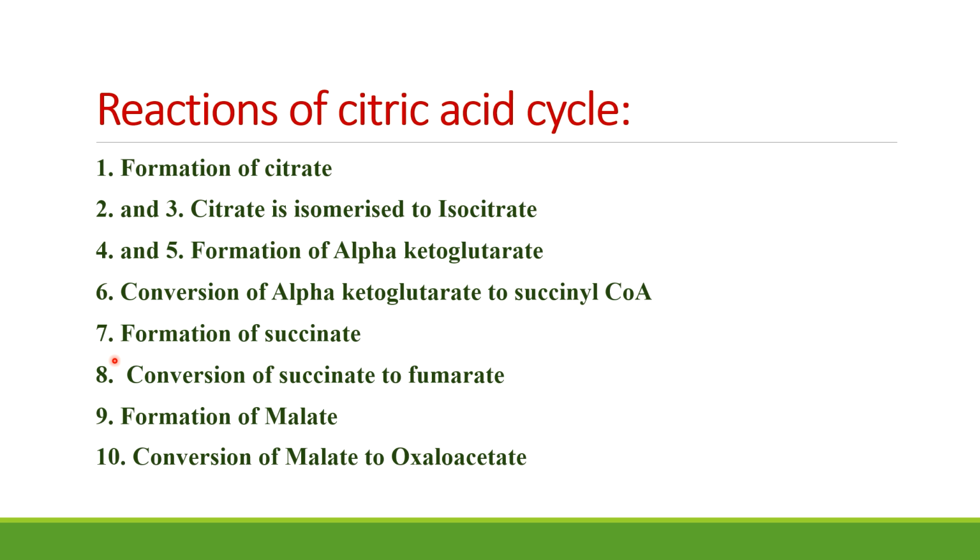The 7th step is formation of succinate. The 8th step is conversion of succinate to fumarate. The 9th step is formation of malate, while the last step, the 10th, is conversion of malate to oxaloacetate. Regeneration of oxaloacetate takes place here. So these are the 10 steps of the citric acid cycle. Let us see each of them in detail.